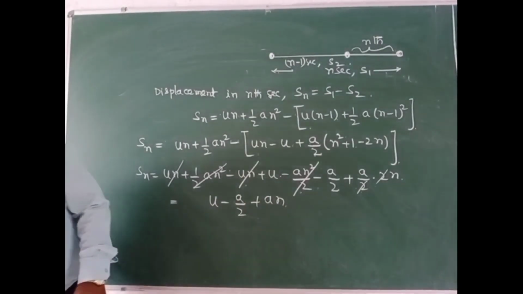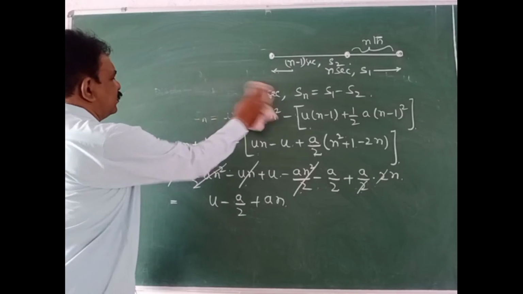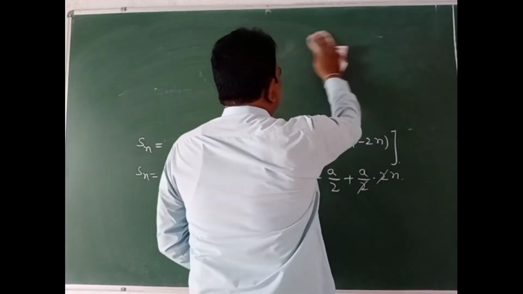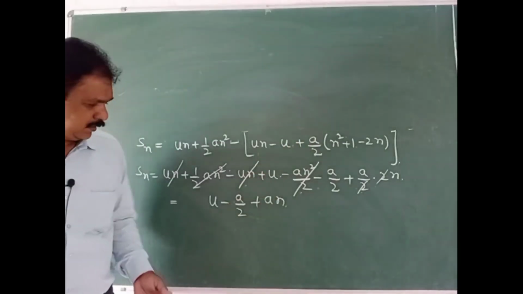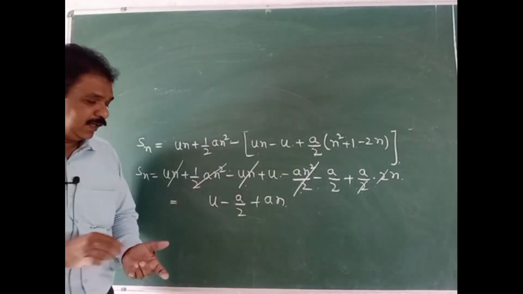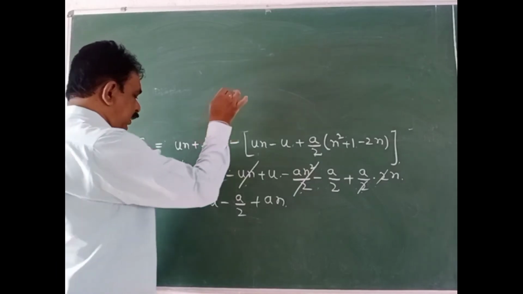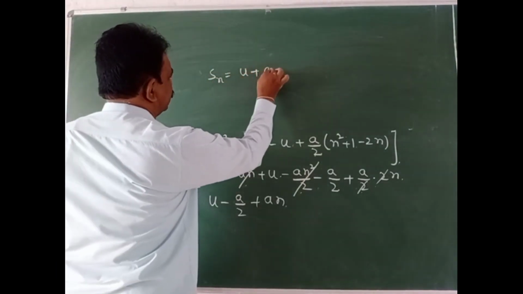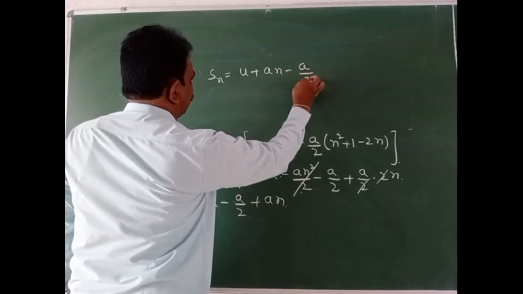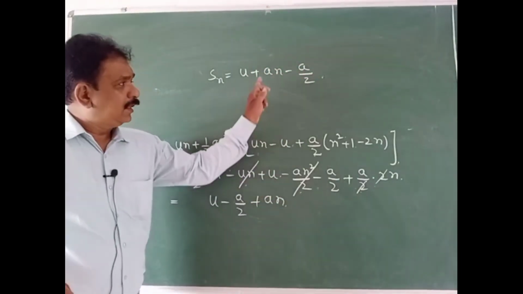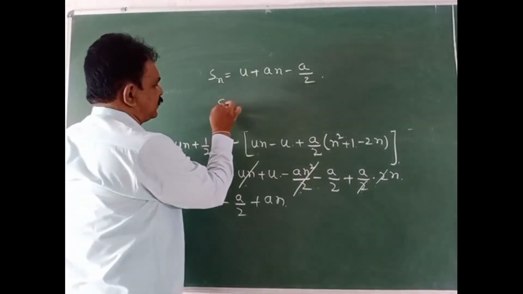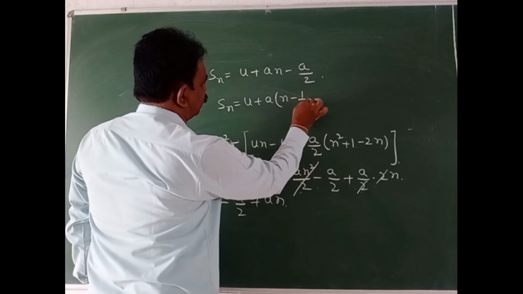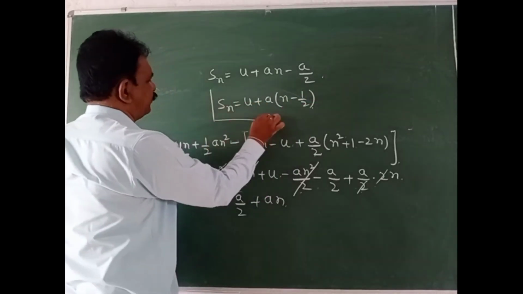Now in this, if you take n common, a common, Sn is equal to u plus, write like this, an minus a by 2, take a common, Sn is equal to u plus a into n minus half.